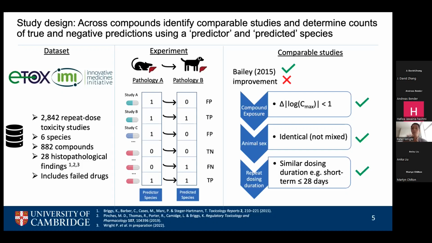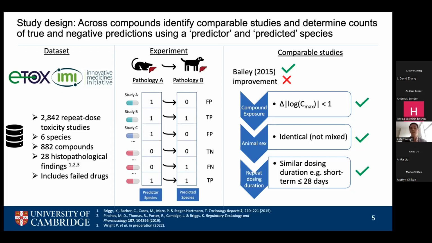We applied several constraints to which studies we allowed to be compared. As we see in the middle plot, we're comparing findings in different studies. But in contrast to Bailey et al., we made sure that compound exposure between the studies compared was at least within 1 log unit of the Cmax exposure.